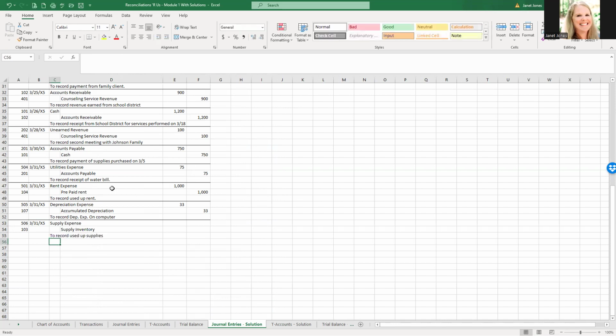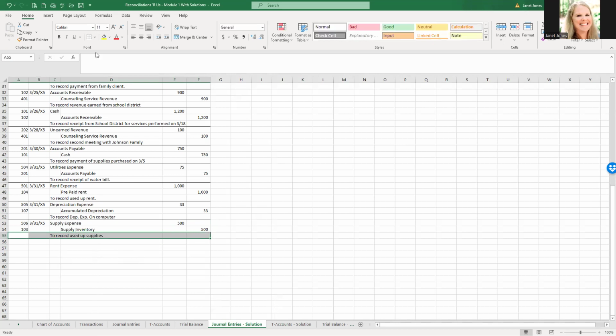And we are recording used up supplies. So the supply inventory is currently sitting there with an asset balance, a debit of $750. We need to bring that down to $250. So we will do that with a credit. And then on the alternative side, we'll want to put that $500 into that expense.